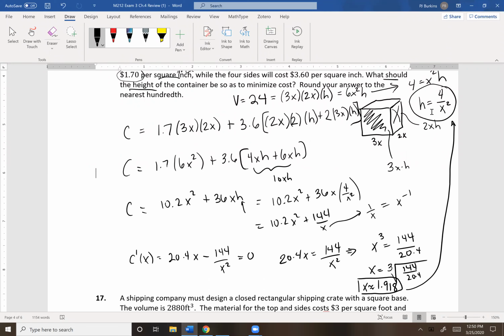Let's say H then is really 4 divided by the cubed root of 144 over 20.4, quantity squared. Let me find my calculator so I can get a more accurate value and make sure that we got it.